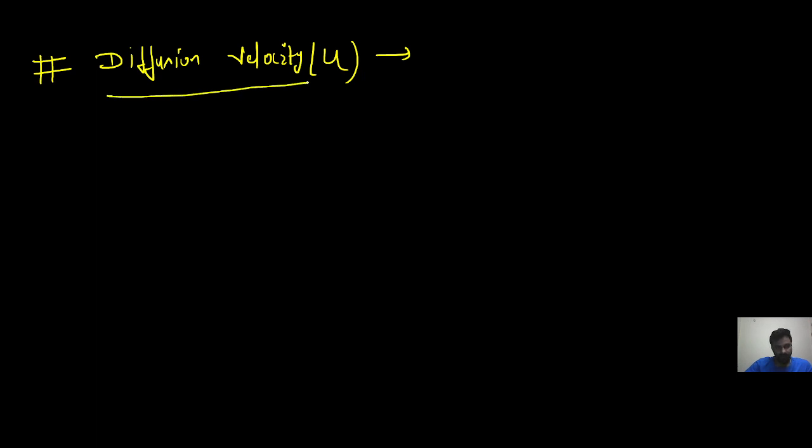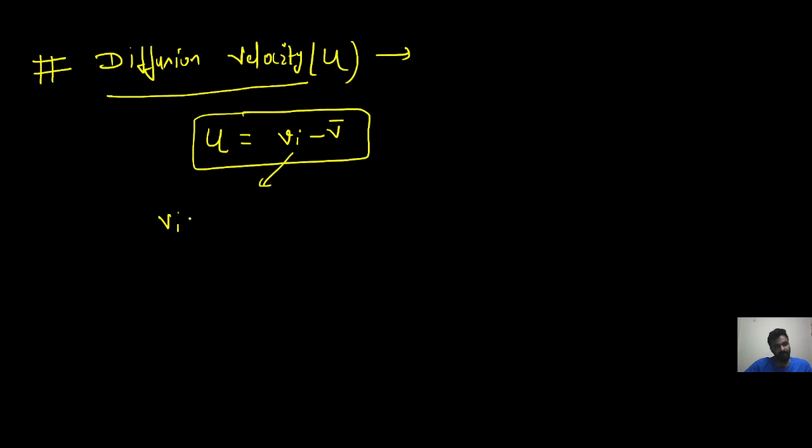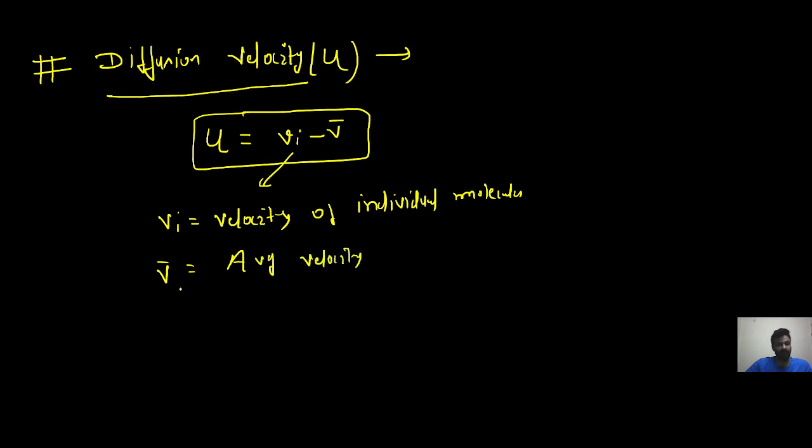Try to understand how it is defined: u equals Vi minus V bar. Here Vi is the velocity of an individual molecule and V bar is the average velocity. So the diffusional velocity equals the velocity of the individual molecule minus the average velocity.